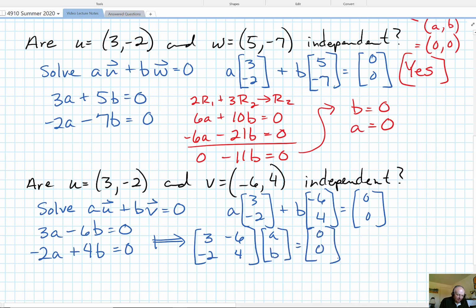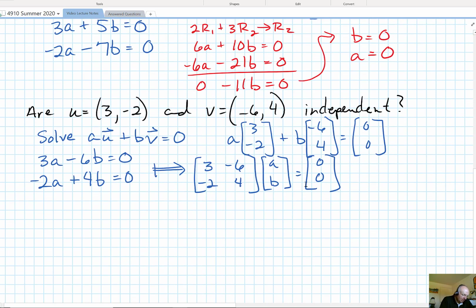I would like to solve that, and we can solve it like we did previously, or we can use our good old-fashioned inverse approach: the inverse of A times B. Let's do that because it's fun. So here's A, this is X, this is B.